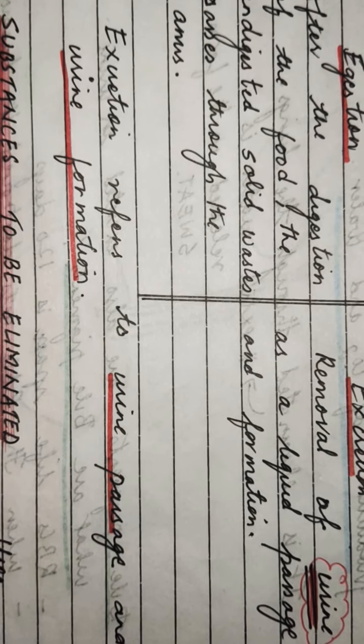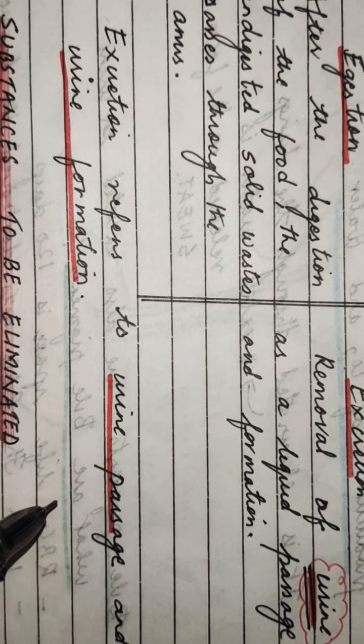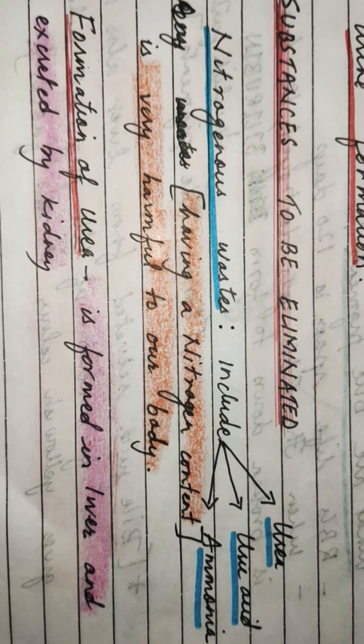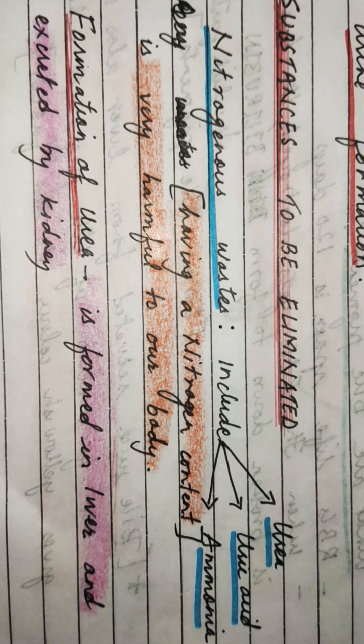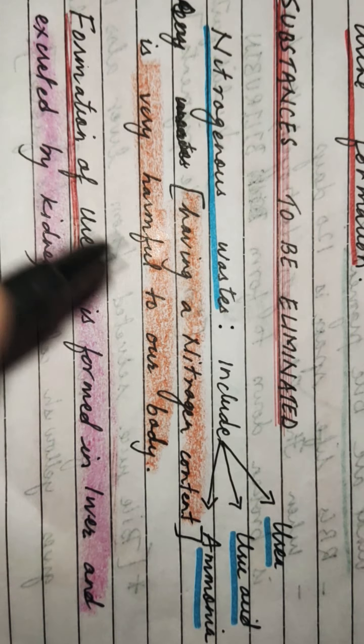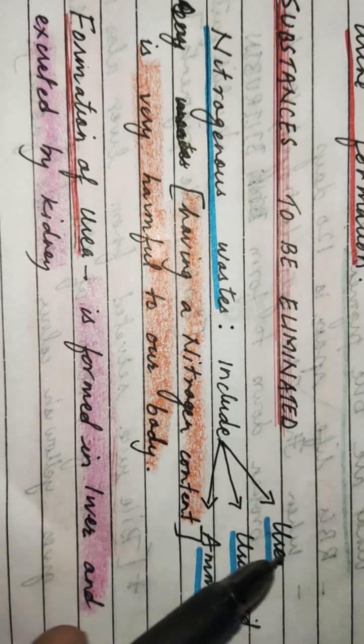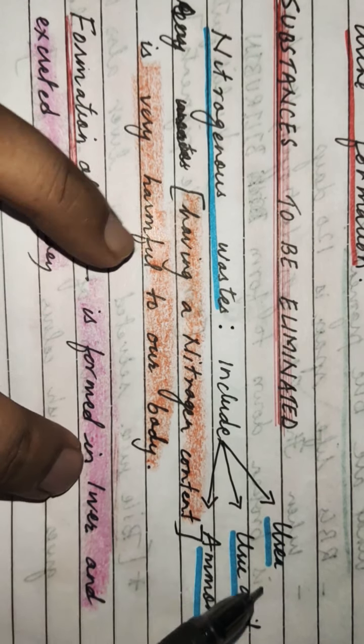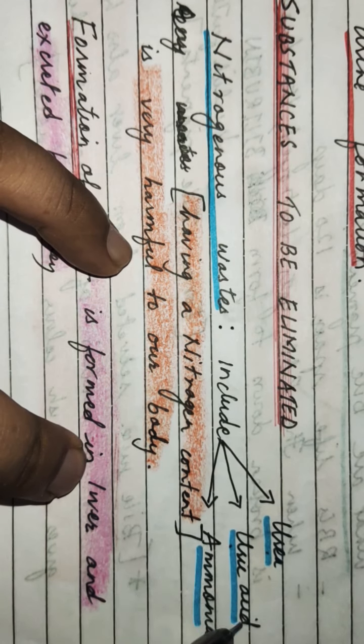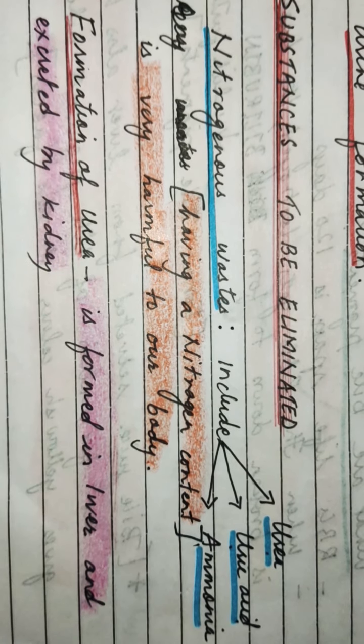Excretion refers to urine passage and urine formation. Now, the substances that are to be eliminated during excretion: the first one is nitrogenous waste, which includes urea, uric acid and ammonia.